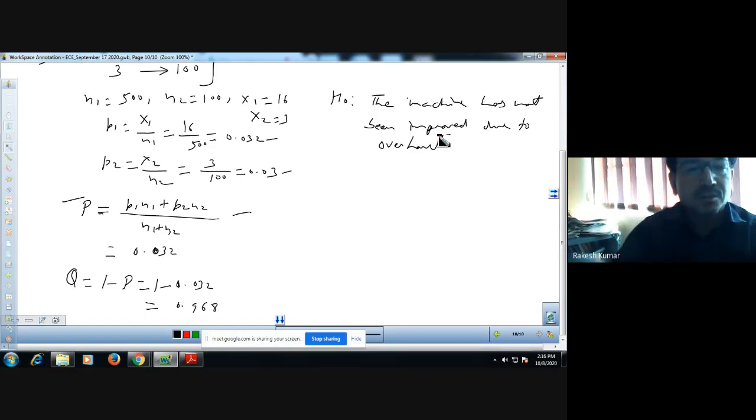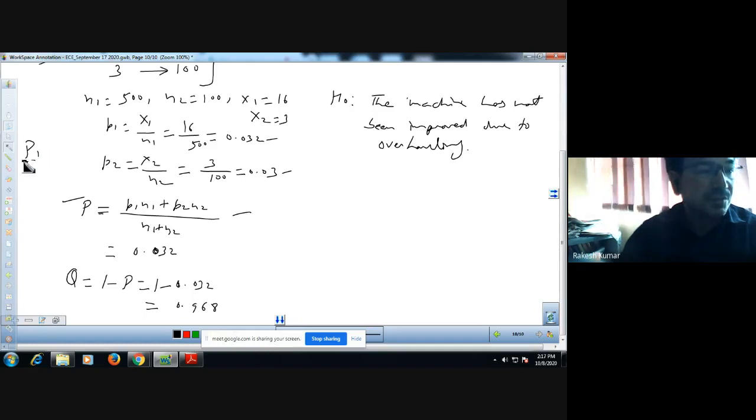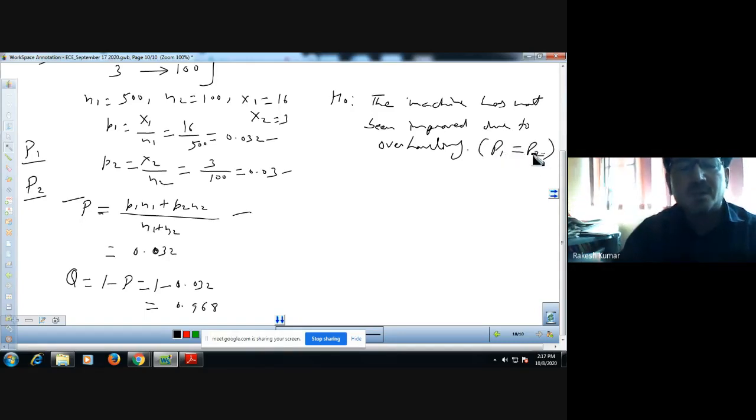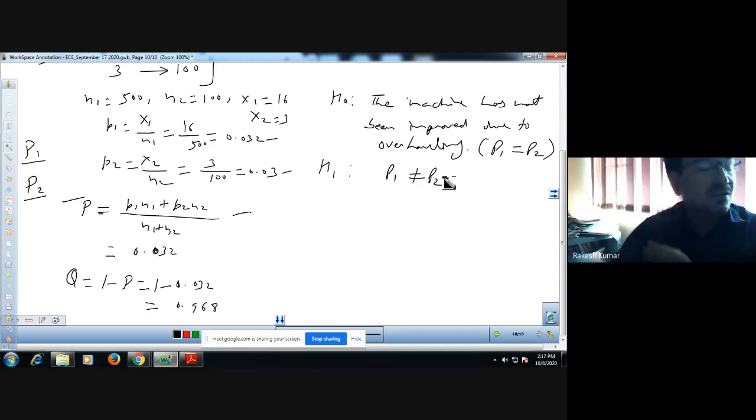This will be the null hypothesis we are assuming. It means earlier the probability of producing a defective item, suppose we take P1, and now after overhauling, the probability of producing a defective item, suppose we take P2. So what does it mean? The probability of defective earlier and the probability of defective now after overhauling is the same. And the alternative hypothesis is that both probabilities are not the same.